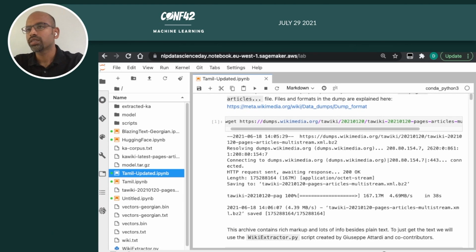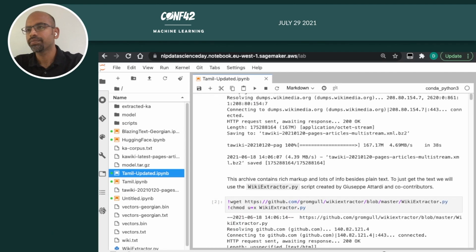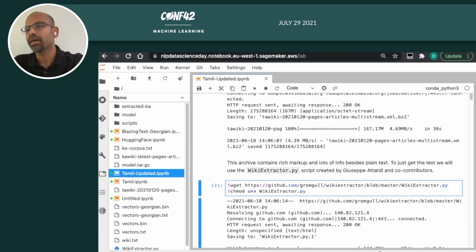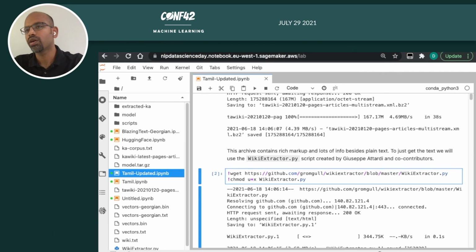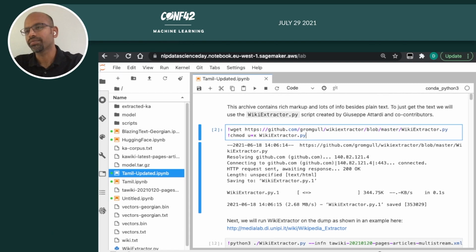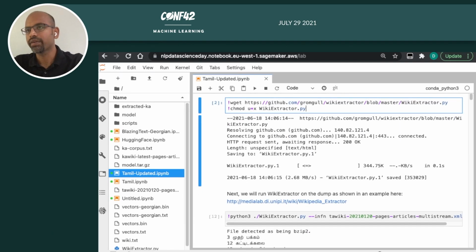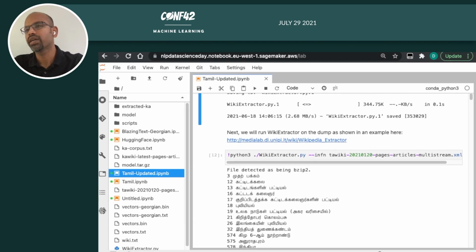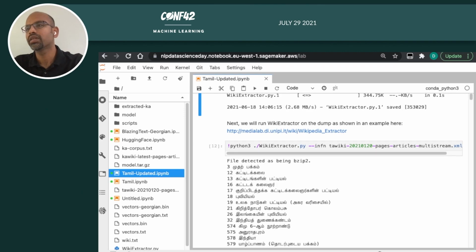Now we have downloaded this Wikidump. There is this WikiExtractor.py script created by Attardi. You could find it in GitHub. What we are doing here is passing the dump that we have got and extracting that data. So we have downloaded that extractor script, and we are using it to extract the information from the dump.